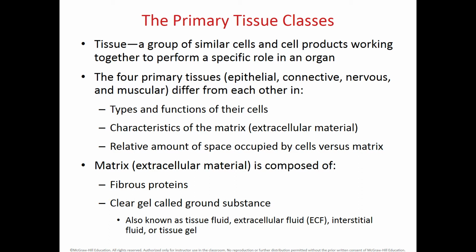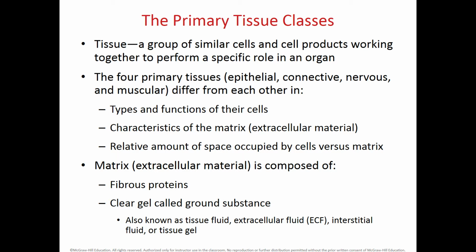Representative locations for the nervous tissue will be the brain, spinal cord, and nerves. Representative locations for the muscular tissue will be skeletal muscle, heart or cardiac muscle, and the walls of hollow viscera, where we have smooth muscle.